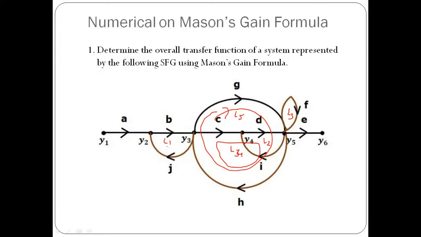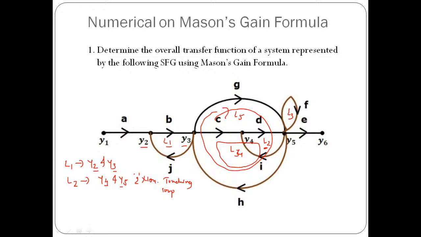For example, if you take loop 1 and loop 2, they are a pair of non-touching loops. Why? Because loop 1 is formed between y2 and y3. See, I'm writing over here, loop 1 is formed between y2 and y3, whereas loop number 2 is formed between y4 and y5. So in between loop 1 and loop 2, we don't have any common node. That's why loop 1 and loop 2 are a pair of non-touching loops, or you can say these are a pair of two non-touching loops to be exact.